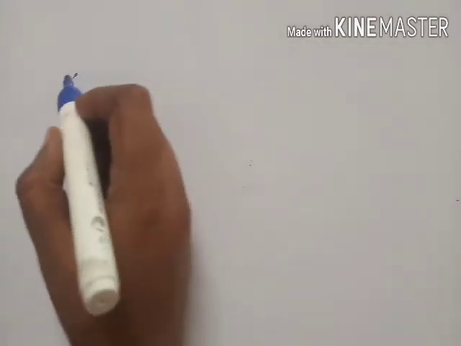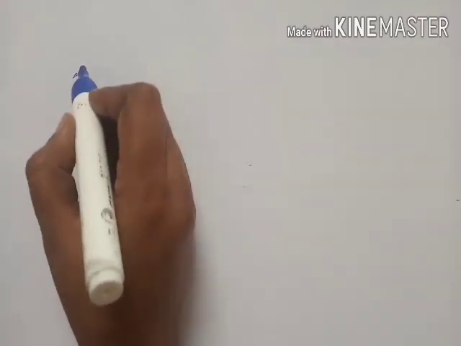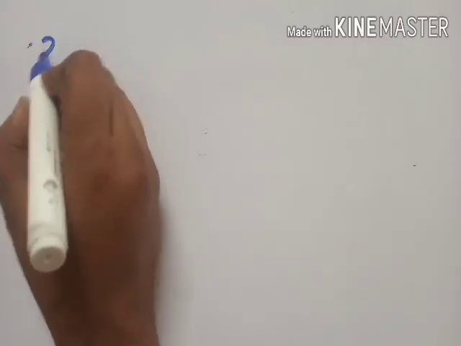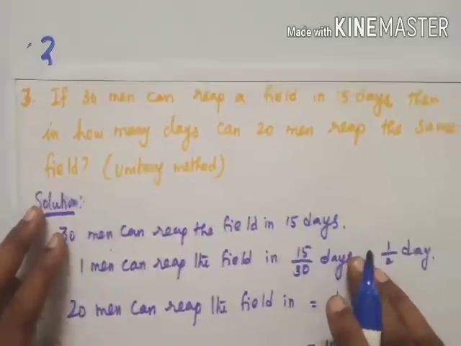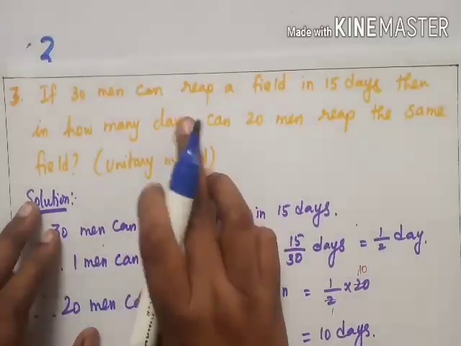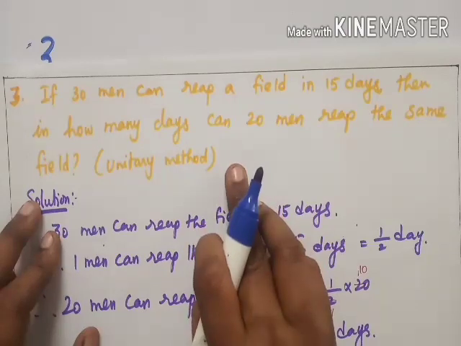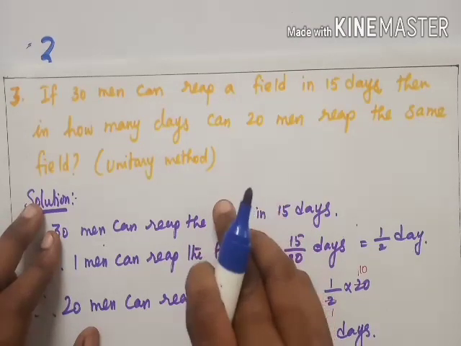Next, I'll go with the third sum. See here. If 30 men can reap a field in 15 days, then in how many days can 20 men reap the same field?